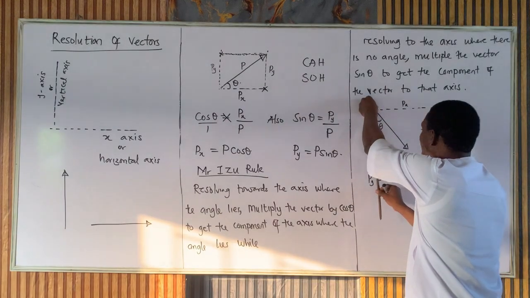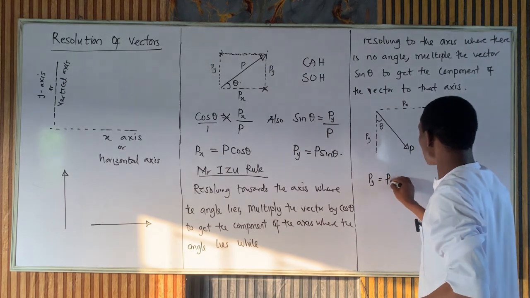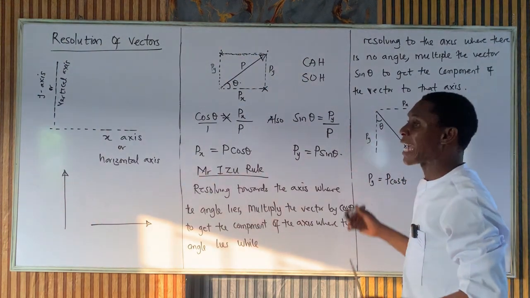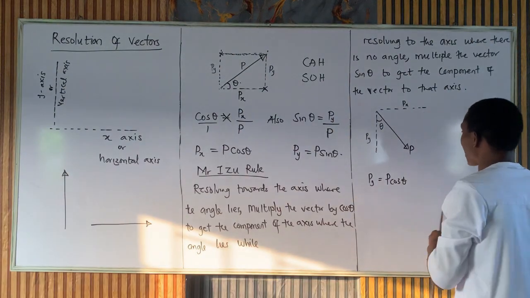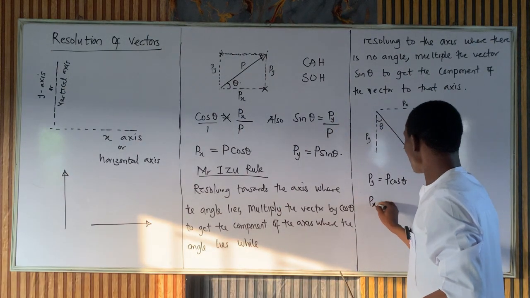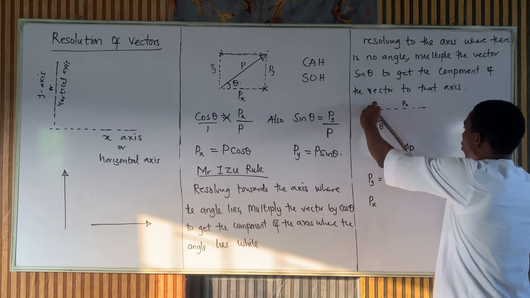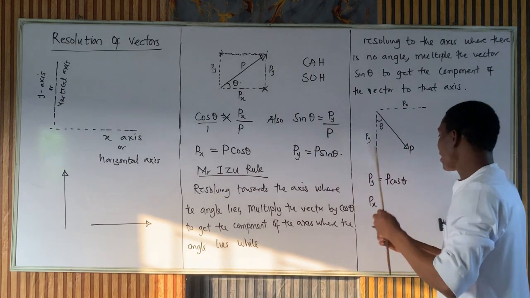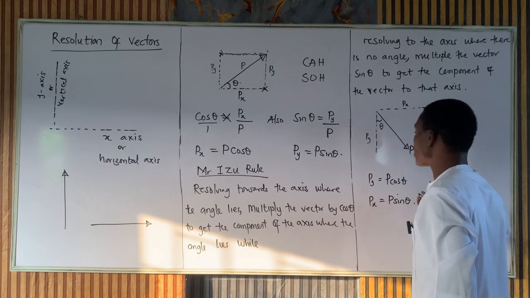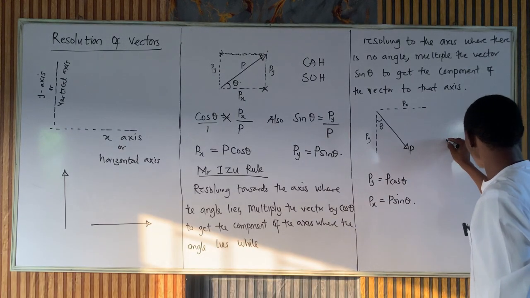If you are swiping through the angle, you multiply this vector P by cos theta. So, while resolving towards where the angle lies, you multiply the vector by cos theta. And if you want to get the P of X, that means resolving where the angle does not lie, because I'm resolving towards the horizontal where the angle does not lie now. I need to multiply the vector P by sin theta. That's just the idea.